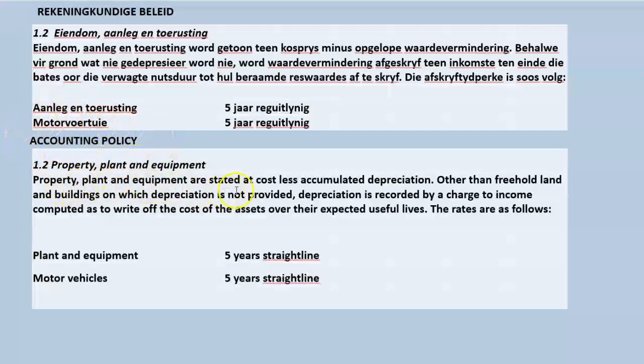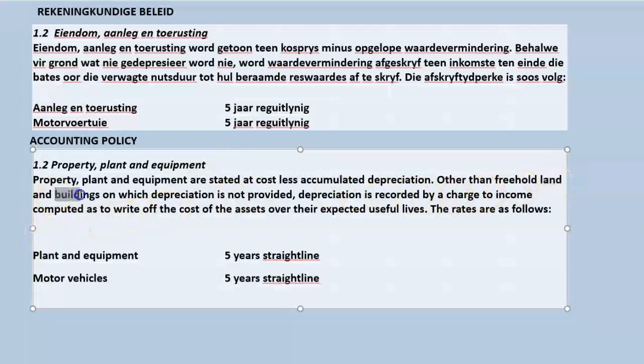Now, property, plant and equipment are stated at cost less accumulated depreciation, other than freehold land and buildings on which depreciation is not provided. This is just an example. Now, guys, on average, land usually never depreciates in value. Usually when I bought a piece of land, let's say 5 years ago, that piece of land, generally speaking, is now worth more than what it was 5 years ago.